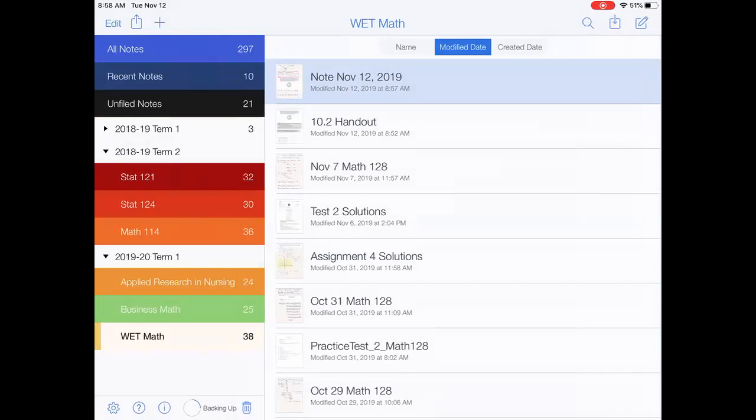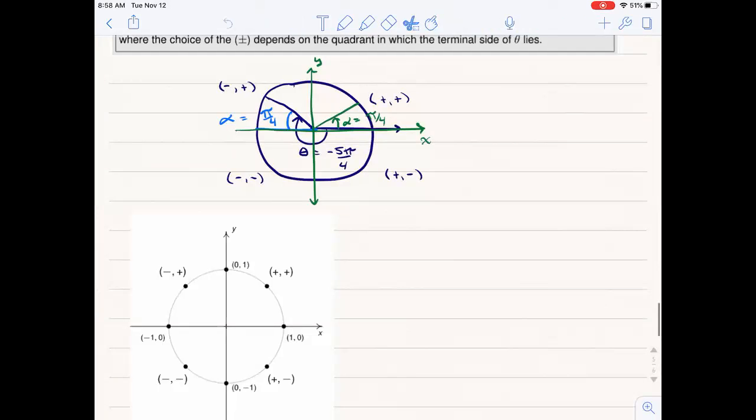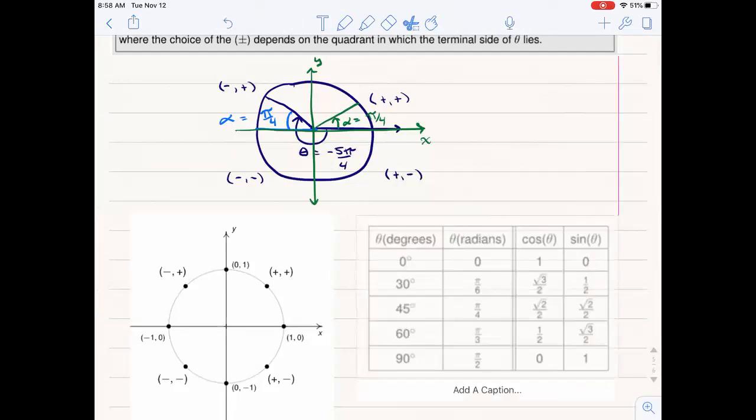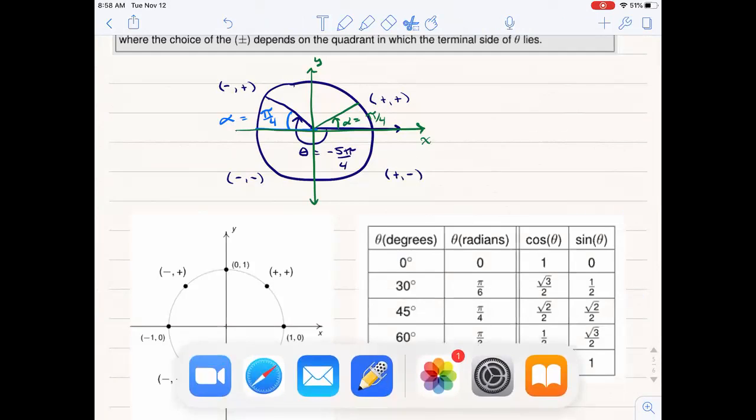So here are some go-tos that you should definitely have on your formula sheet, unless you can commit them to memory pretty quickly.